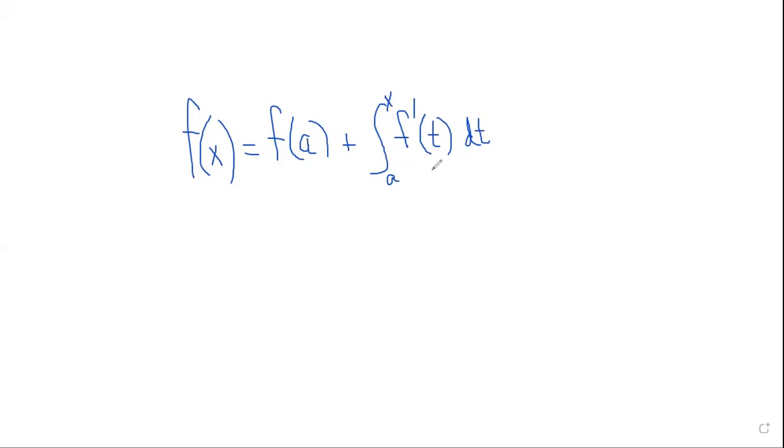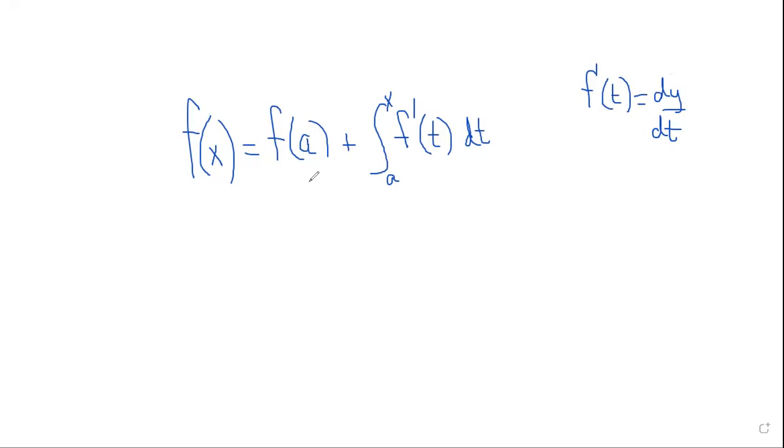Now looking at it this way, and in your notes, you should write f prime of t is equivalent to dy dt. Looking at this expression written in this way, we should see something interesting if we take the derivative of both sides.